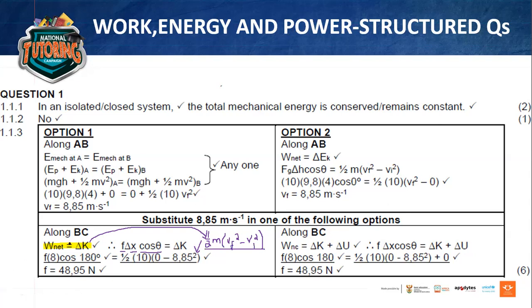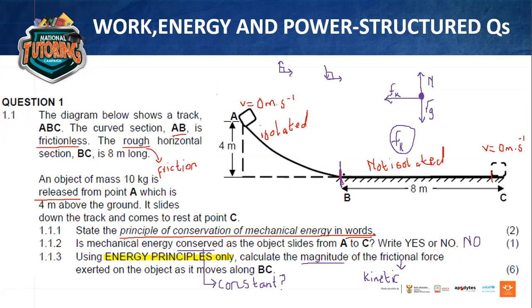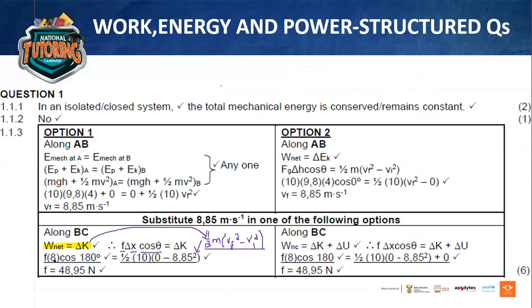Then when I break it down, I will say, okay, I want the magnitude of the frictional force. The frictional force will be F. The displacement, remember along BC, it moved for 8 meters. So it will be 8 cos of 180 degrees.